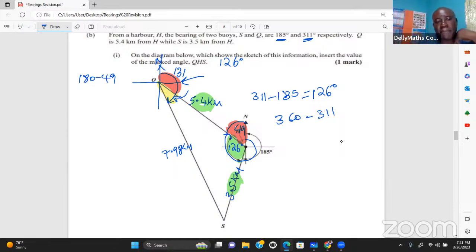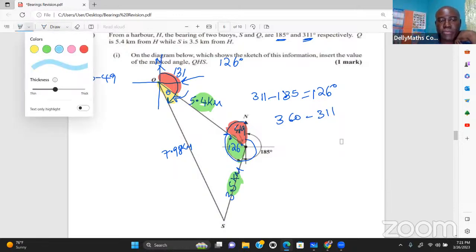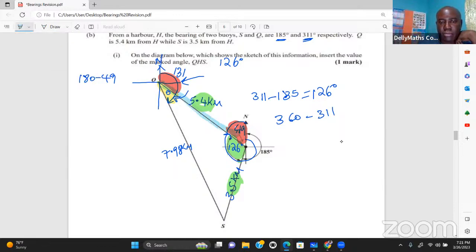I just need to find this yellow piece in the triangle, and I'm going to use the sine rule again for the yellow piece. Let me outline the triangle you're going to use. With that outlined triangle, we're going to be utilizing the sine rule to help us find the yellow angle.